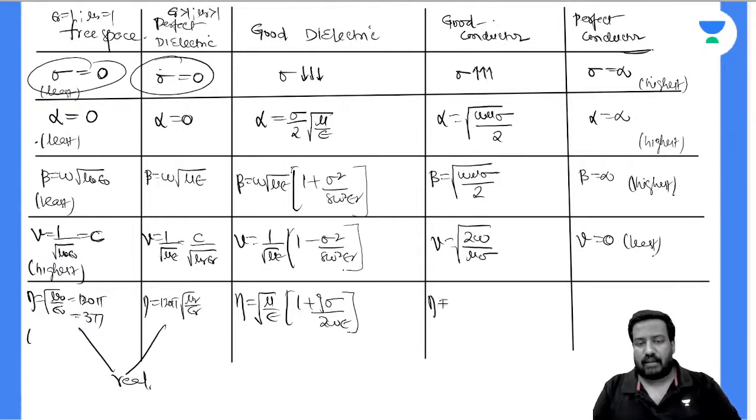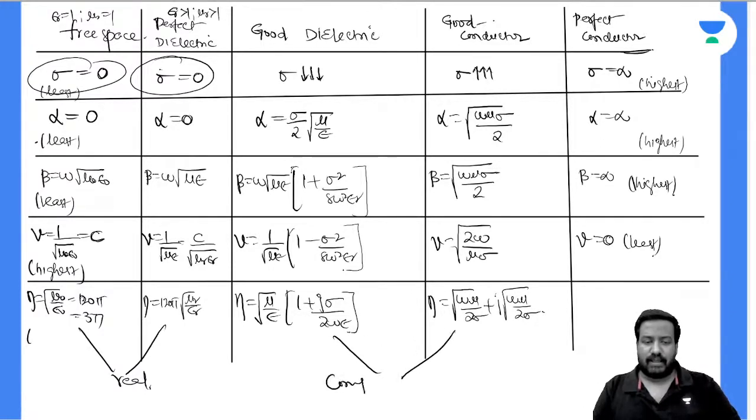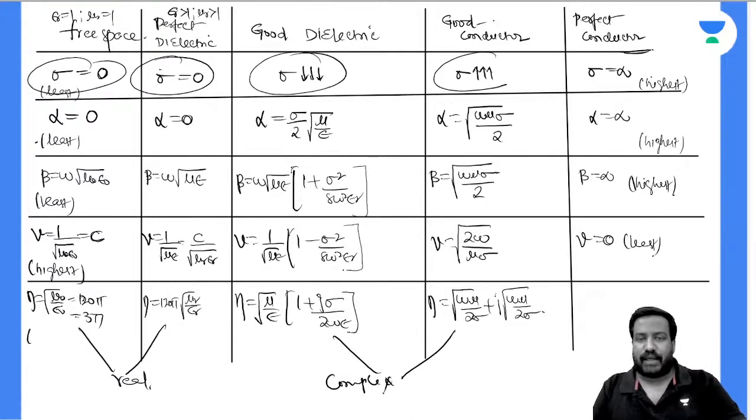Here eta is under root of omega mu by 2 sigma plus j times under root of omega mu by 2 sigma. In both these cases it is complex in nature, because when sigma is introduced, it introduces a reactance component, making the intrinsic impedance a complex value, adding reactance to it.